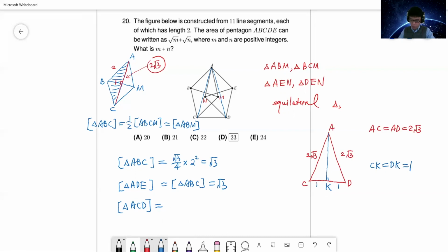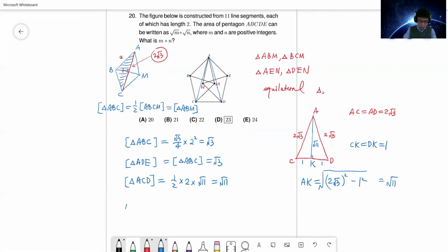So 1, 1. By the Pythagorean theorem, we can find the altitude: 2√3 squared minus 1 squared, and then we take the square root. This is √11. And the area of triangle ACD is 1/2 the base times the height, which equals √11.